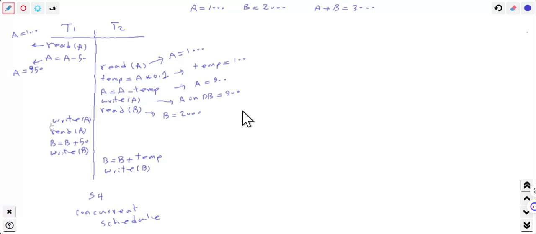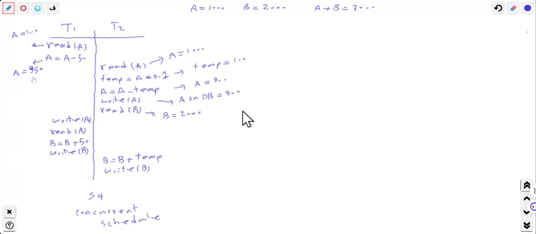Okay, then we go to T1. T1 here wants to write A. Which value is written on A? The value that T1 has computed before, 950. Not 900. The value of 900 is in T2; T1 does not know that value.